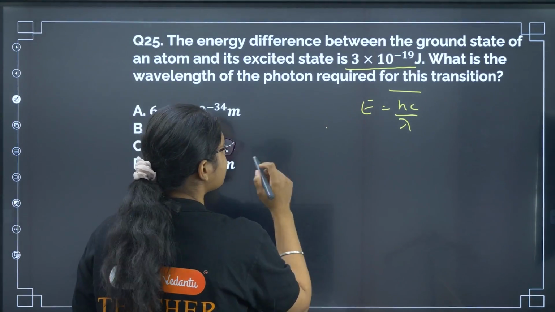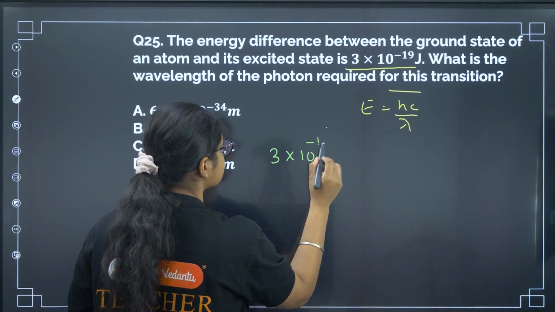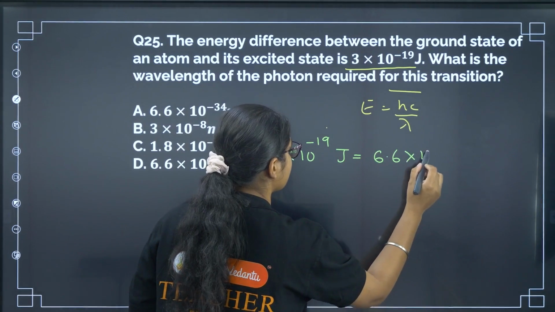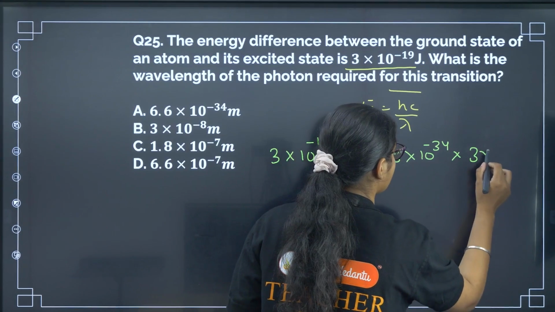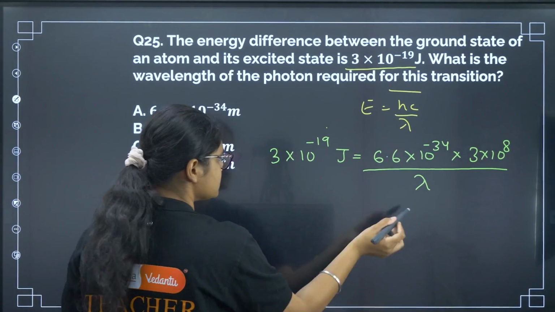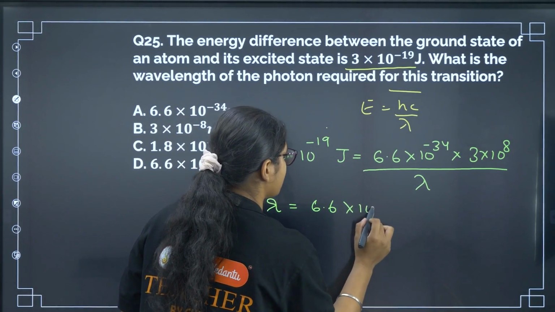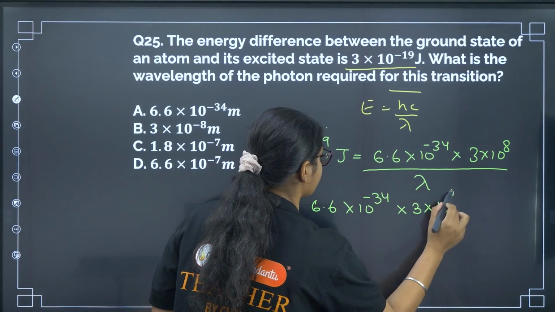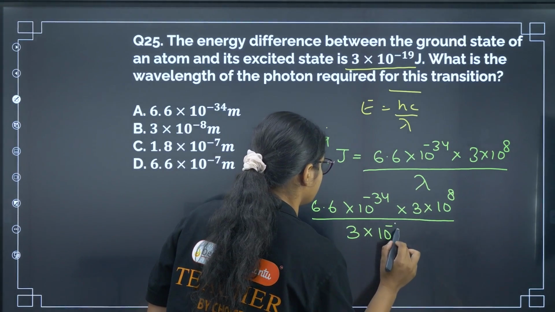Okay, so E given is 3 into 10 to the power of minus 19 joules. h value is 6.6 into 10 to the power of minus 34. Then c is 3 into 10 to the power of 8. Then we have lambda, right? Now we can calculate lambda value, which will be 6.6 into 10 to the power of minus 34 into 3 into 10 to the power of 8 whole divided by 3 into 10 to the power of minus 19.